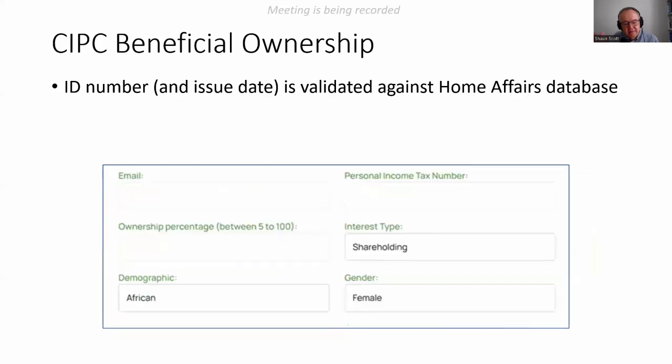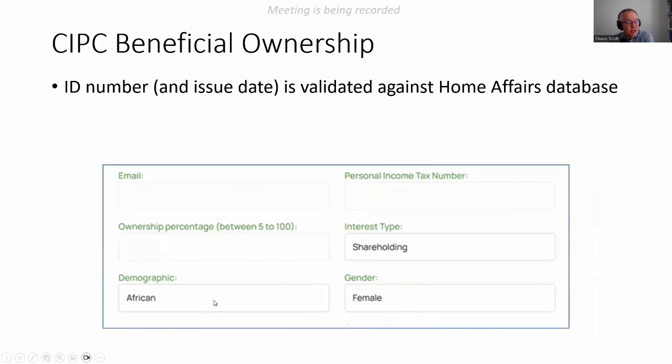They then put in their email, personal income tax is also there, and the ownership percentage. Then there's quite a detailed listing of the options under the interest types, and then the demographics.